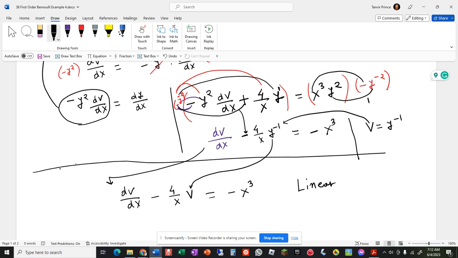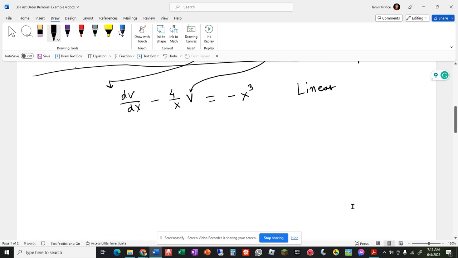And v plays the role of y, so v is the unknown function. Let's apply the method of linear equations. Of course here p is negative 4 over x and q is negative x cubed.